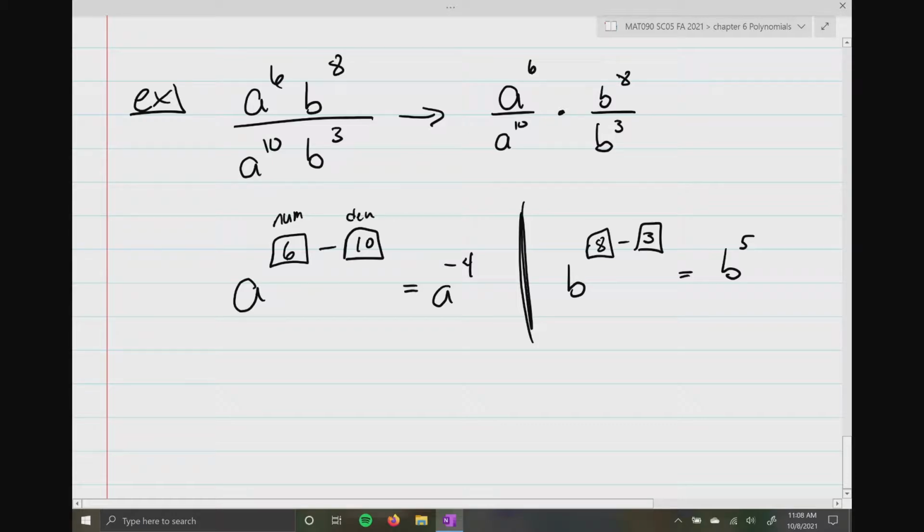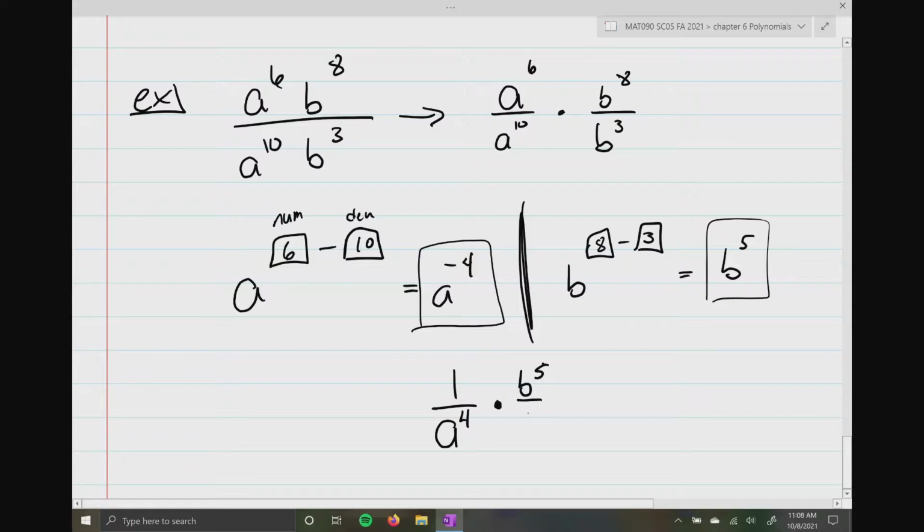Okay? So if we look at the two results that we got, a to the negative 4 and b to the 5th, we know we have to multiply them together. It's just we don't like negative exponents. So that a to the negative 4, I'm going to rewrite as 1 over a to the 4th times b to the 5th. And I can put that as 1.